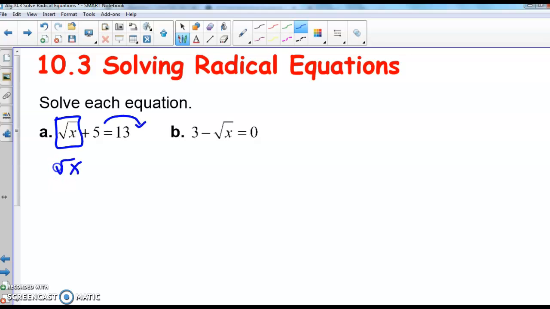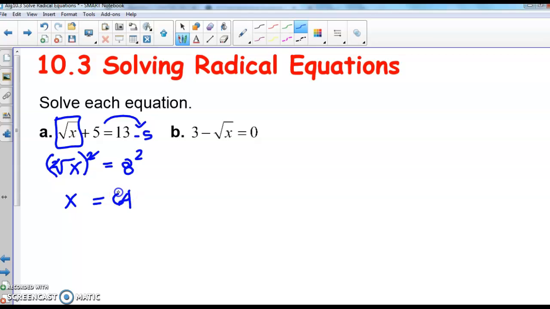So radical x is equal to 13 take away 5, which is 8. After that, you have to square both sides. Why square? Because the index here is 2. Getting the square root means the index 2. And just like I mentioned, whatever you do to the left, you have to do to the right. The index and the square cancel each other out, so you now have x is equal to 64.